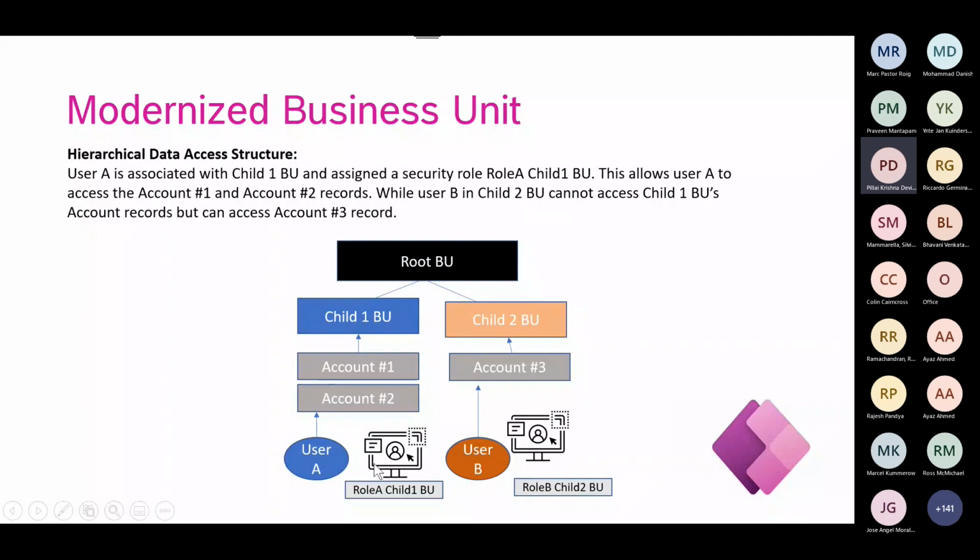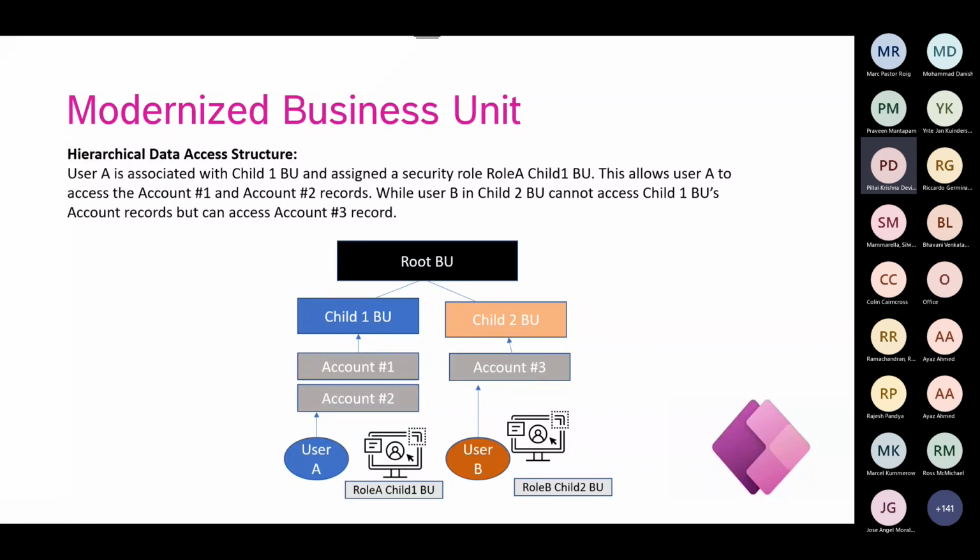Then I allocate this role to this user A. He will be able to see all the records that come under the governance of the security role in this business unit. Now, will the user be able to access the account 3, which belongs to a different business unit? So with the current structure, it is not possible.